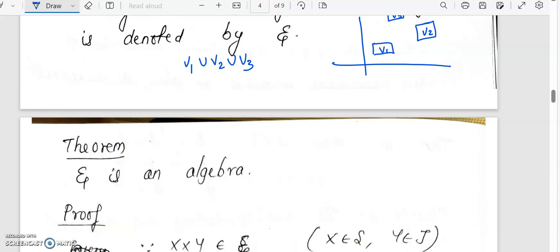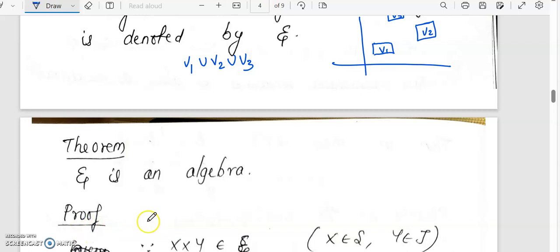The proof is done in 4-5 parts. So in order to prove a collection is an algebra, we must show that it is closed under complementation and it is closed under union.